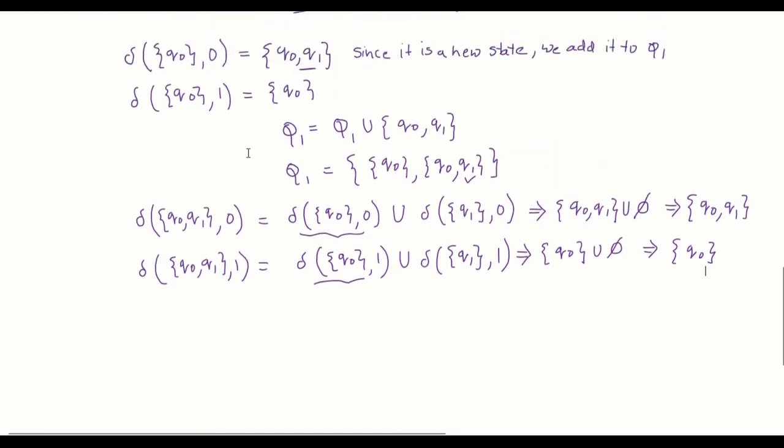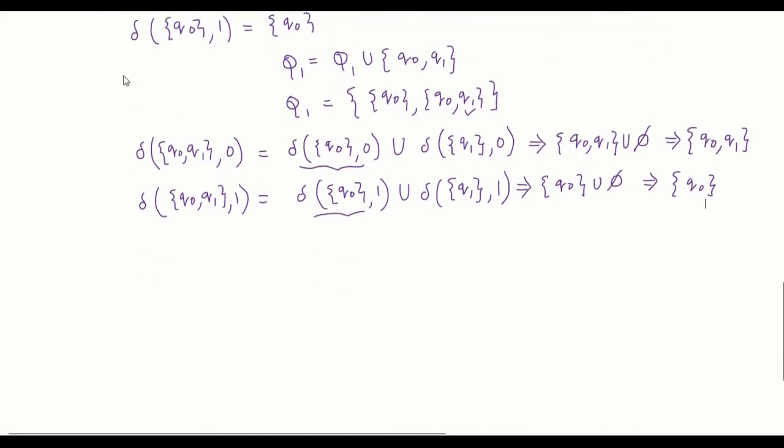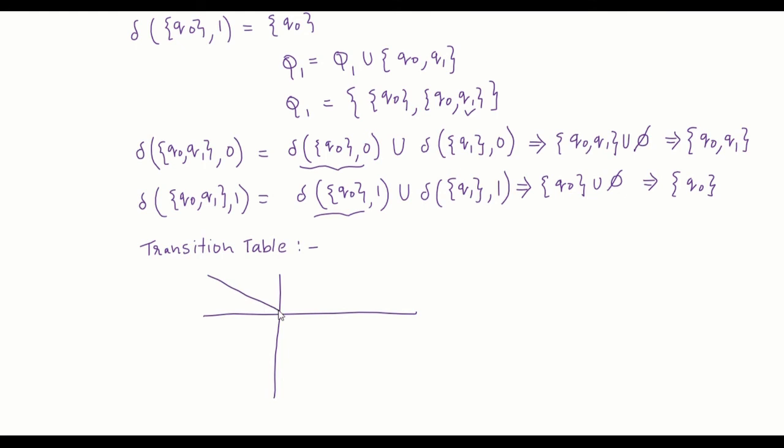Finally, whatever we have done, we have to put this into a transition table. So let us begin by drawing a transition table. Now, a transition table is always states over inputs.